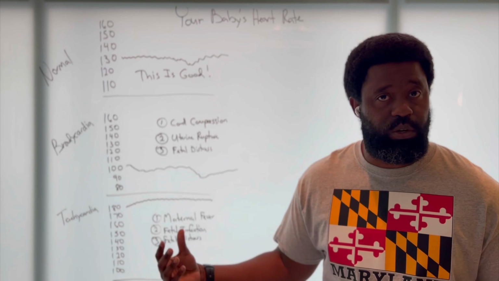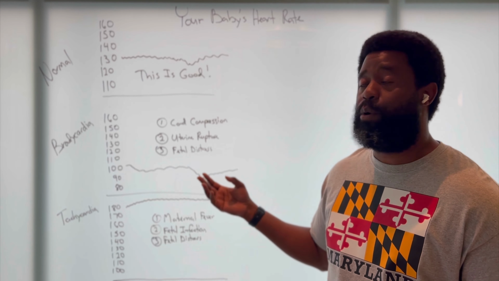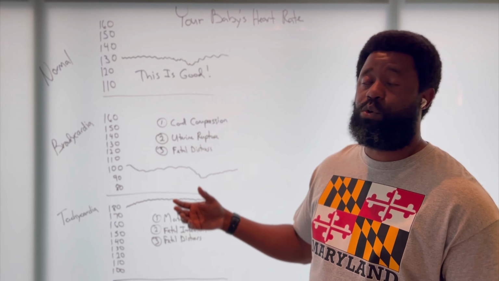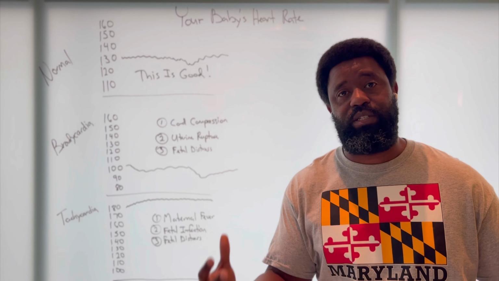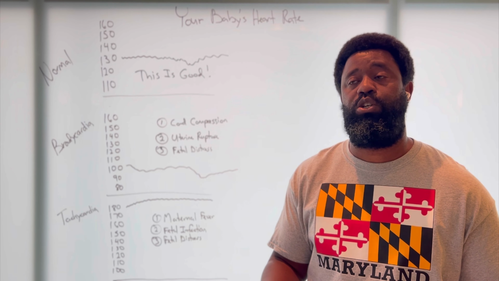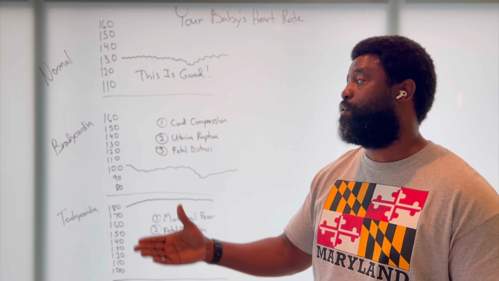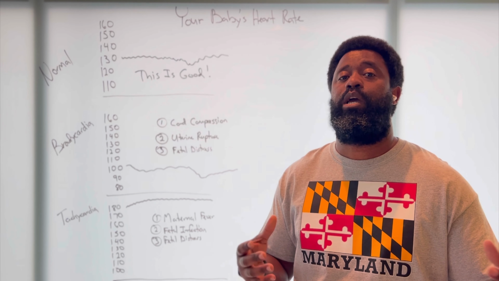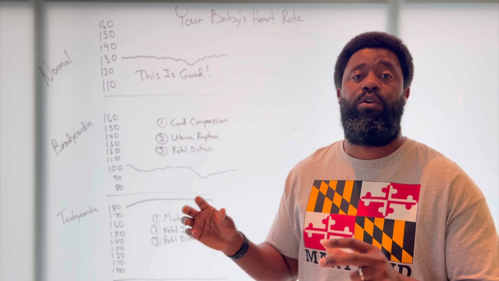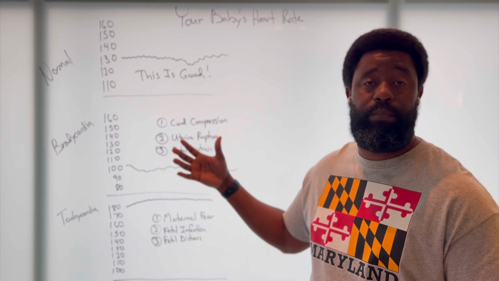Uterine rupture can also lead to fetal bradycardia and, of course, fetal distress. Anytime these are present, doctors have to pay close attention, because if fetal bradycardia goes on for too long, that can be a sign that there may be oxygen-related issues for the baby, and that the baby could be having problems.